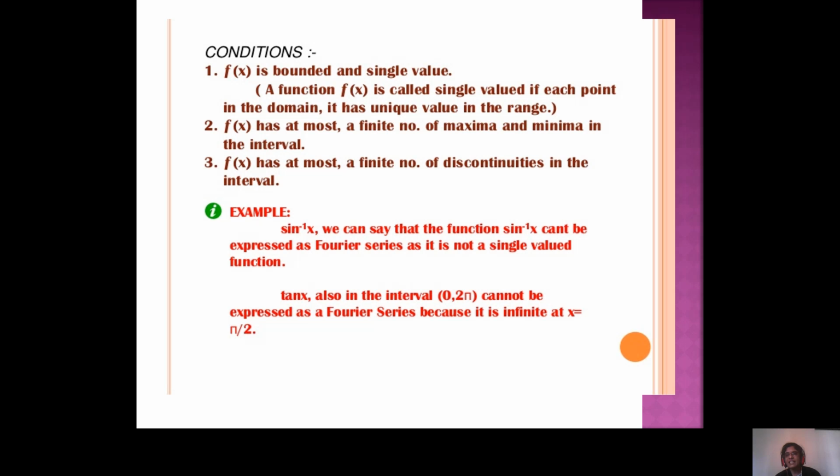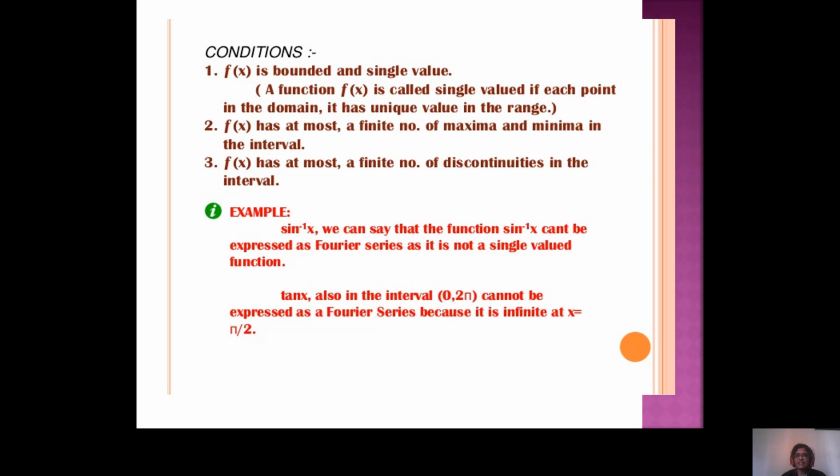If f of x has at most a finite number of maxima and minima in the interval, it has a finite value. What are the conditions we have to find for the Fourier series? f of x is bounded and single valued; a function f of x is called single valued if each point in the domain has a unique value in the range.